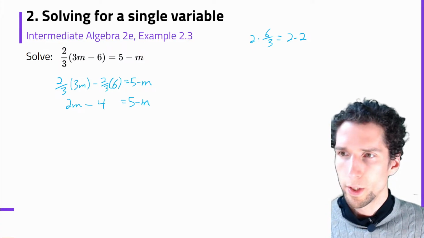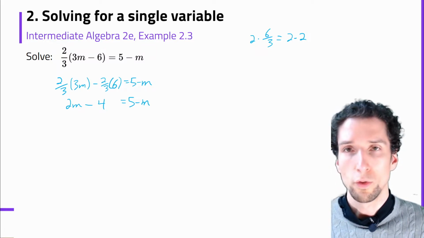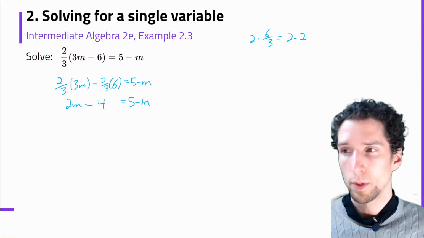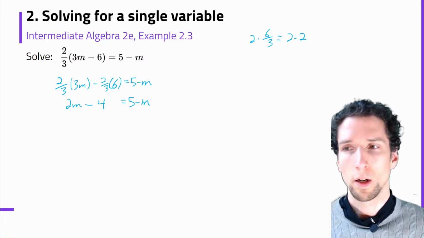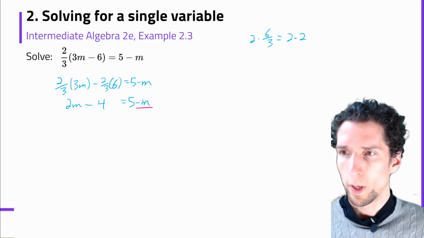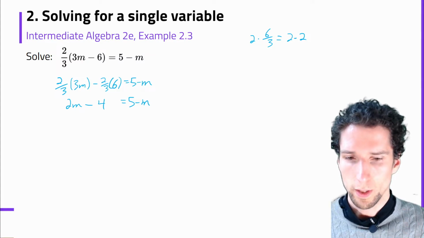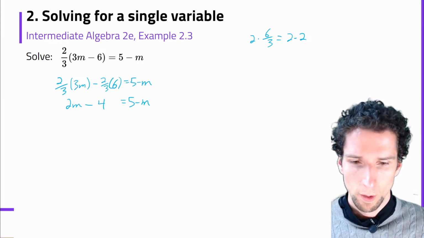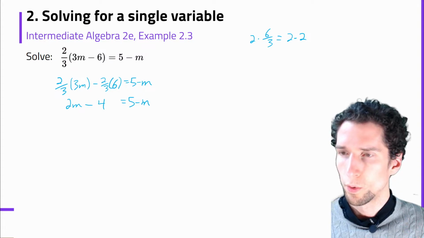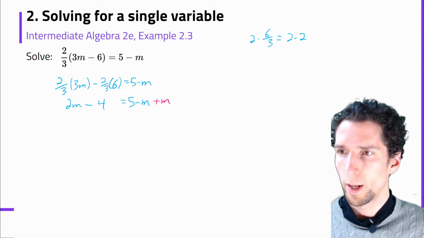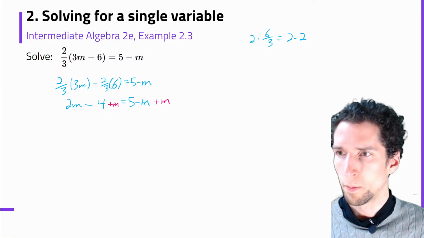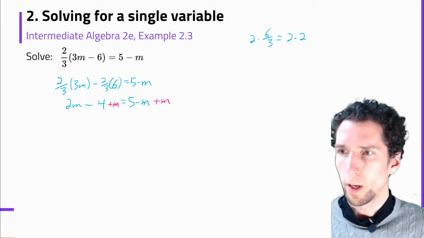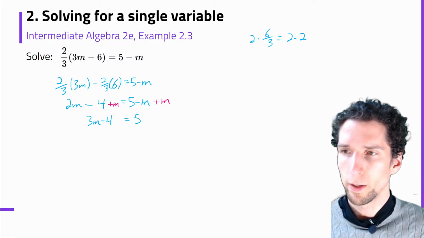All right, and then now we need to group things, so we want the m's to be on the same side, and the constants to be on the same side. We have minus m here, so we are going to add m to this side and add m to this side, and that will give 3m minus 4 equals 5.